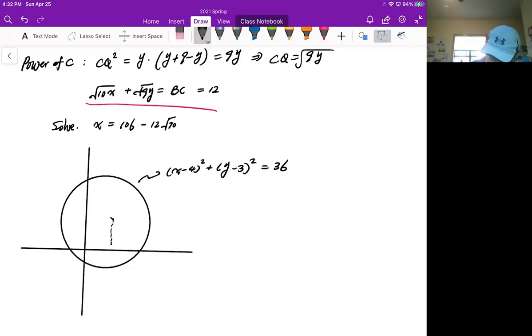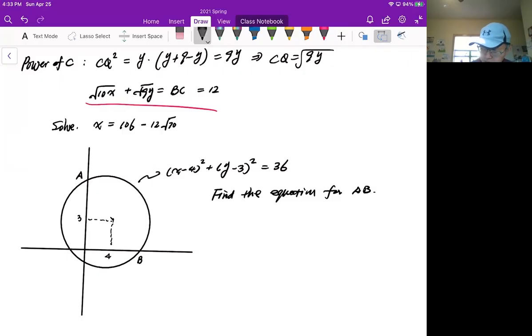So this is a 4, and the other one here is a 3. So that's the center here. And then you get the tangent, no, you get the intersection points. So you get A and B, right? And I want to find the equation for the line AB.